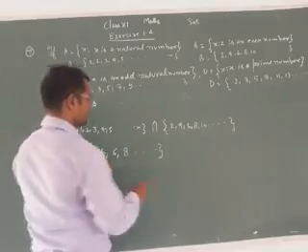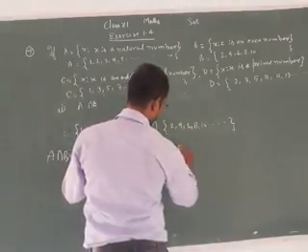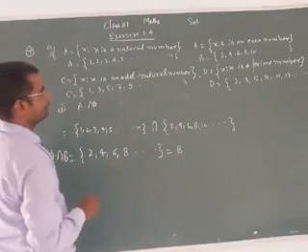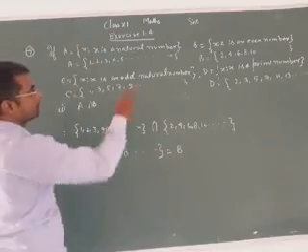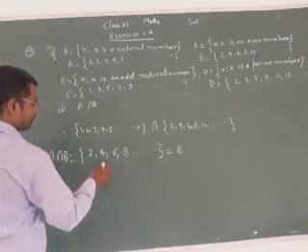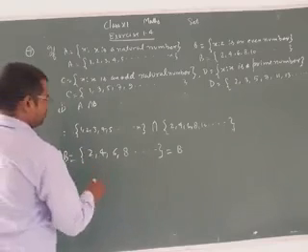This is the set B, which is x such that x is a natural number.